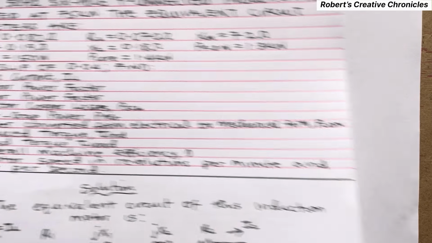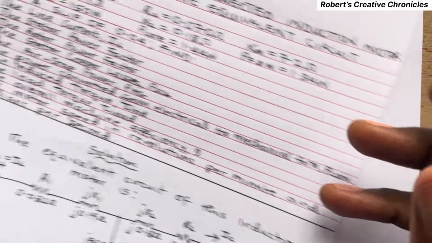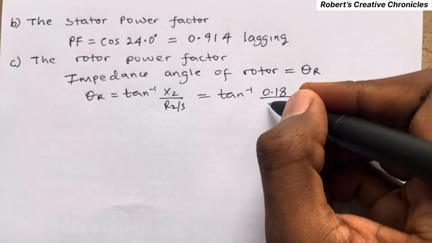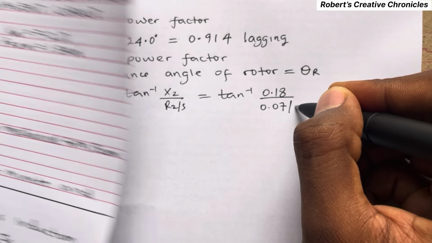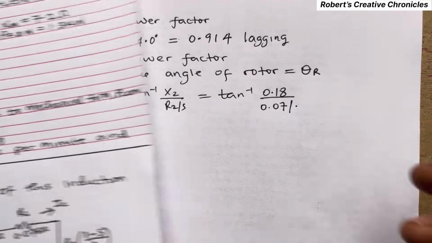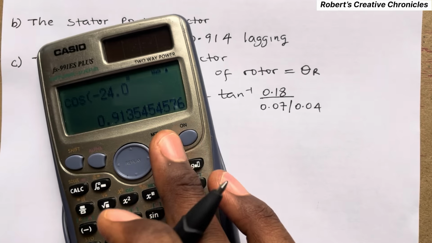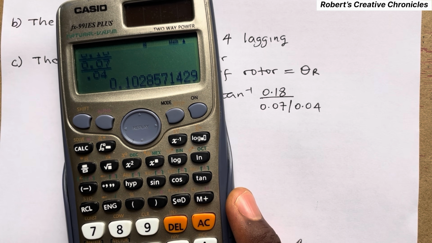X2 is 0.18. What is R2? 0.07 over the slip, which is s, is 0.04. So 0.18 over that is 0.1028.